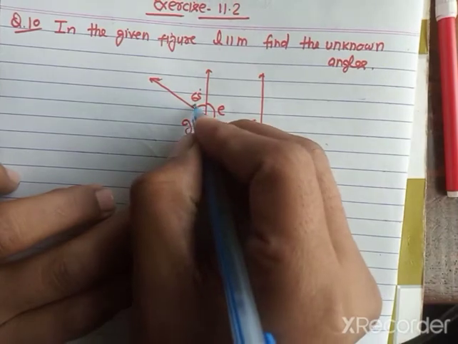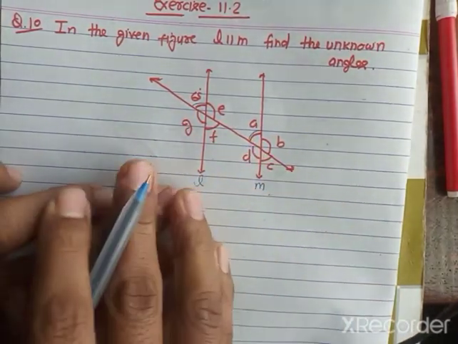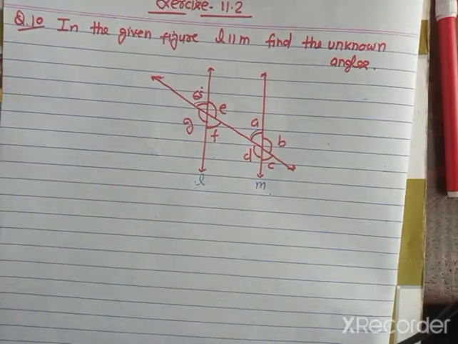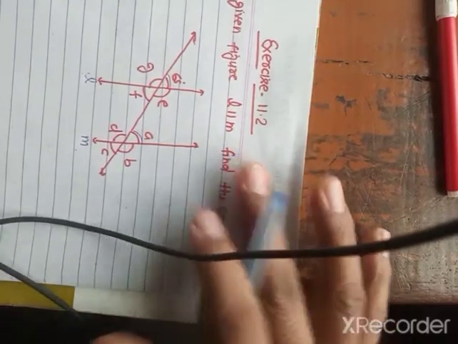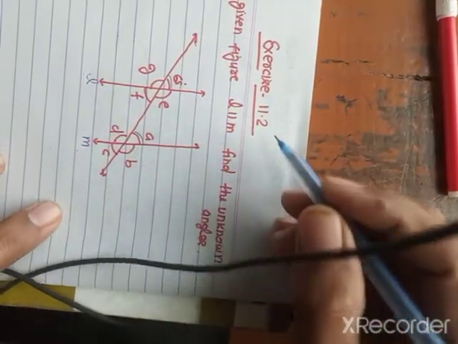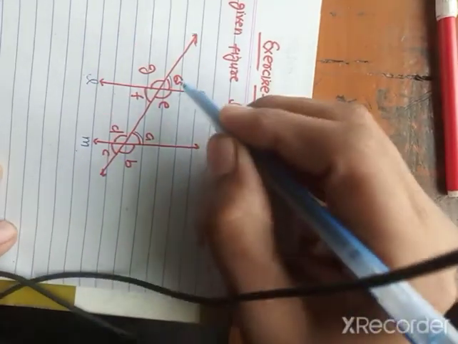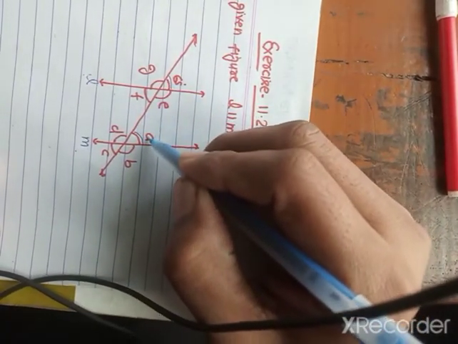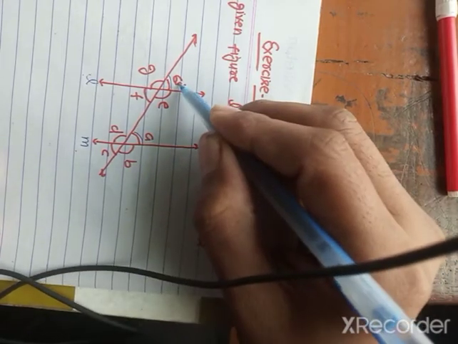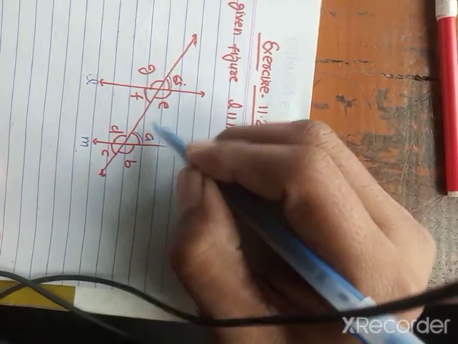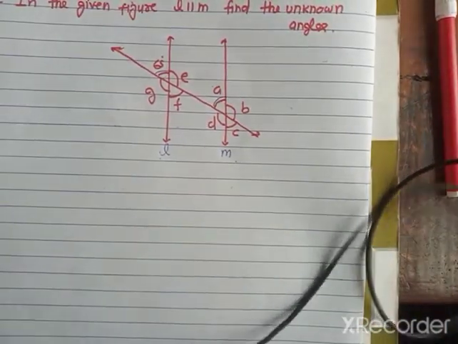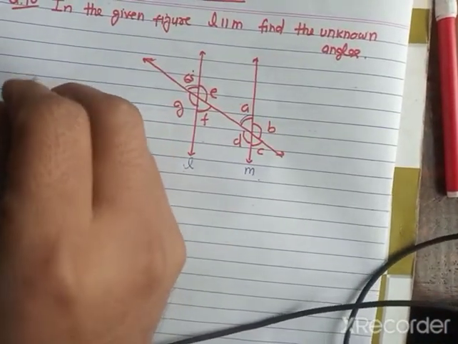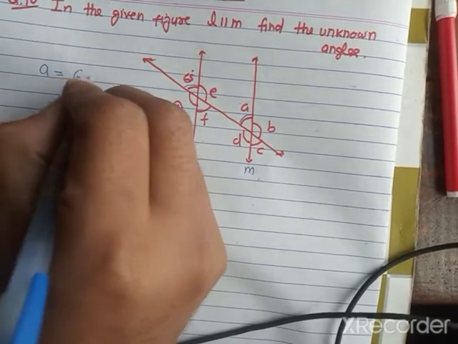Then this angle is equal to angle A due to corresponding angles. If the figure is reversed, then L and M are two parallel lines and this is a transversal intersecting them. If this angle is 65 degrees, then A is also 65 degrees by corresponding angles.